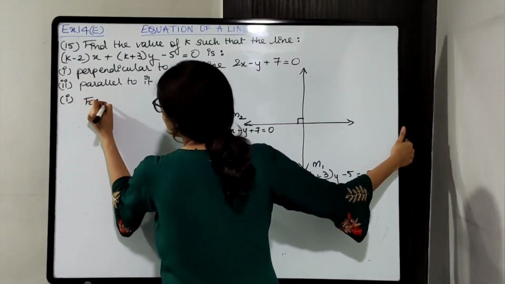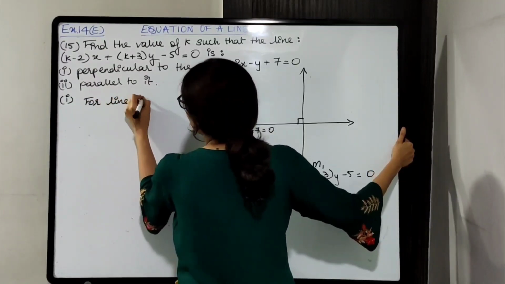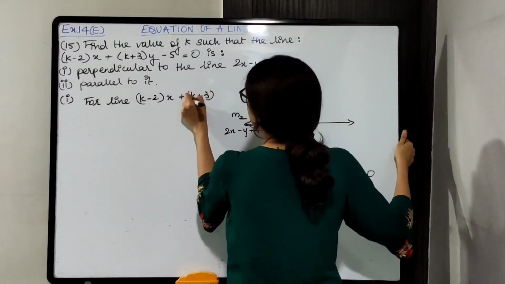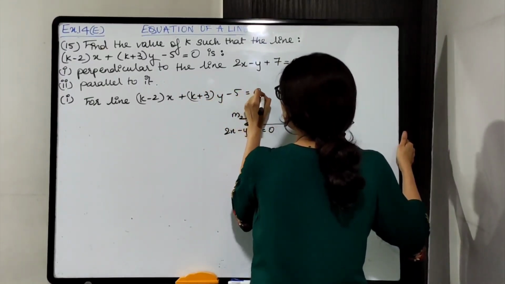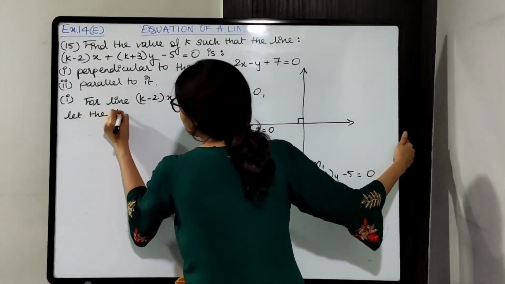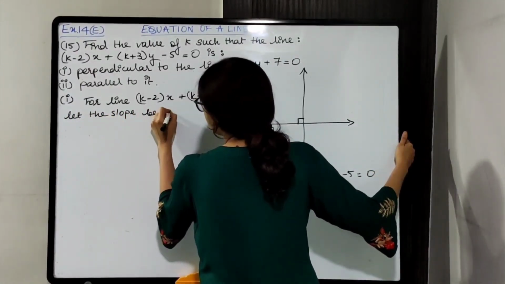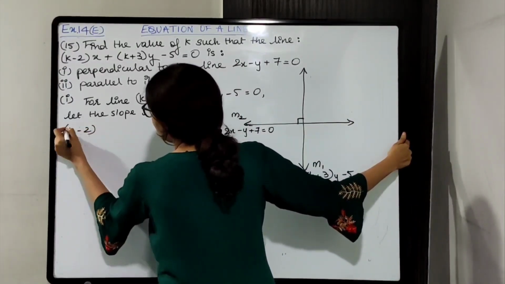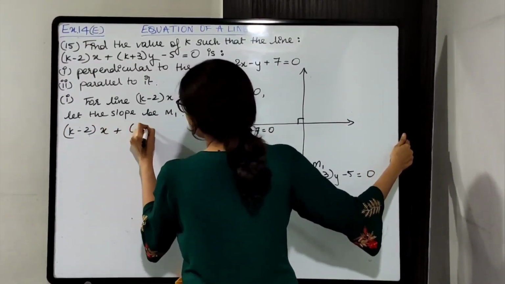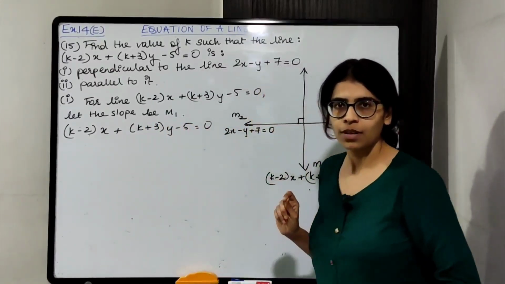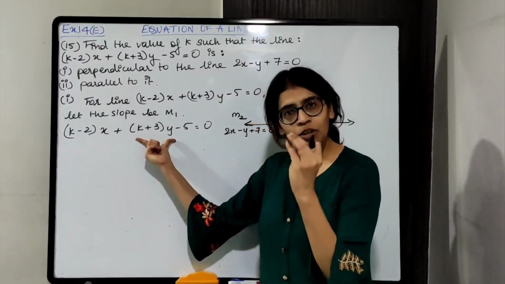So for the line (k minus 2)x plus (k plus 3)y minus 5 equals to 0, let the slope be m1. We have to bring the equation in standard form. y will remain on one side.